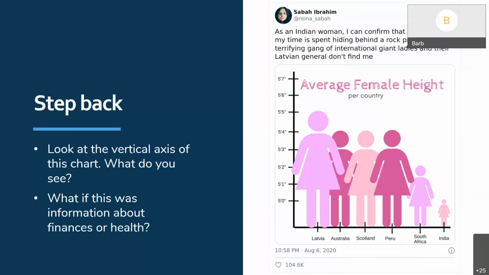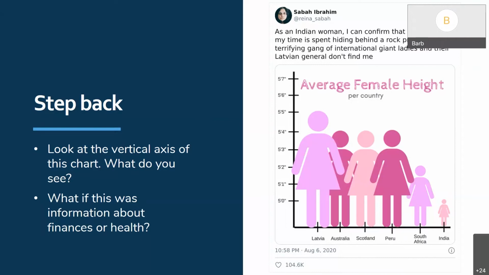Look at where 5 feet starts and the distance from 0 to 5 versus the distance from 5 foot to 5 foot 1 inch. They've really truncated that axis, right? They've made it a lot shorter between 5 foot and 0 than the rest of it is, with the impact of making it look like women from Latvia are 3 times as tall as women from India.